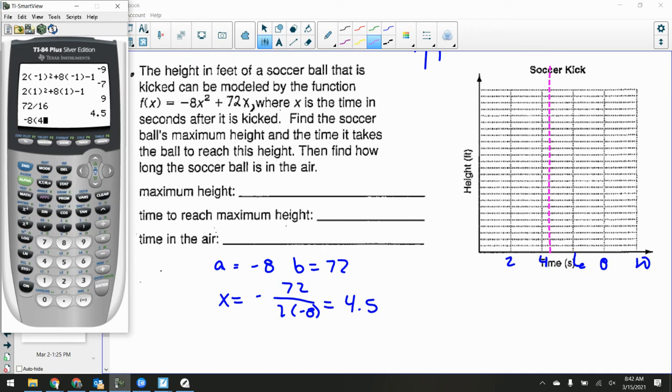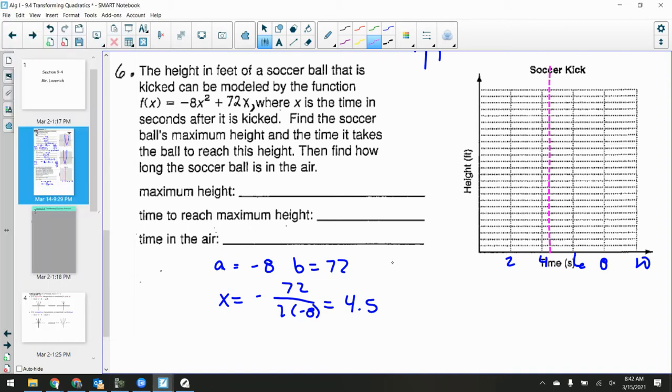Negative 8 times 4.5 squared plus 72 times 4.5. And that'll get me 162. 4.5, oops, that's a dot above. 4.5 comma 162, which means that maximum height is 162 feet with 4.5 seconds it takes to get there.